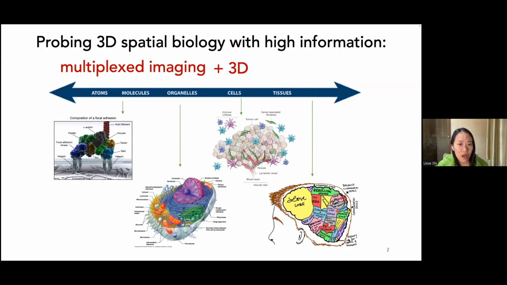Therefore, 3D spatial context is essential. Ideally, higher spatial resolution will provide the opportunity to identify more sophisticated structures and also greatly increase the information content. Altogether, imaging technologies that can measure multiple protein markers across 3D space at fine spatial resolution are highly preferable to visualize diverse cell types and physiological states within complex biological systems in situ.